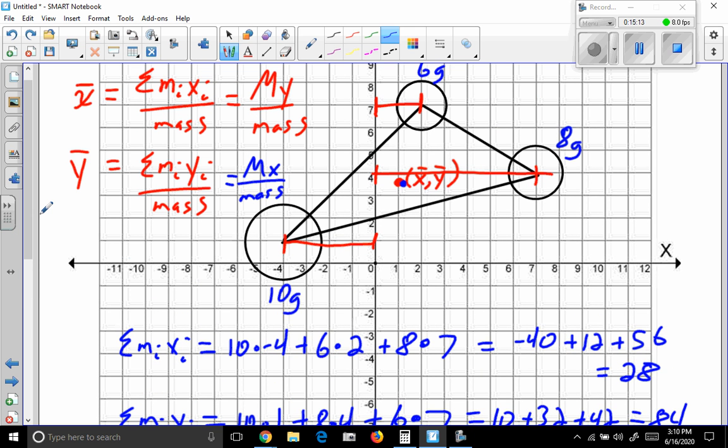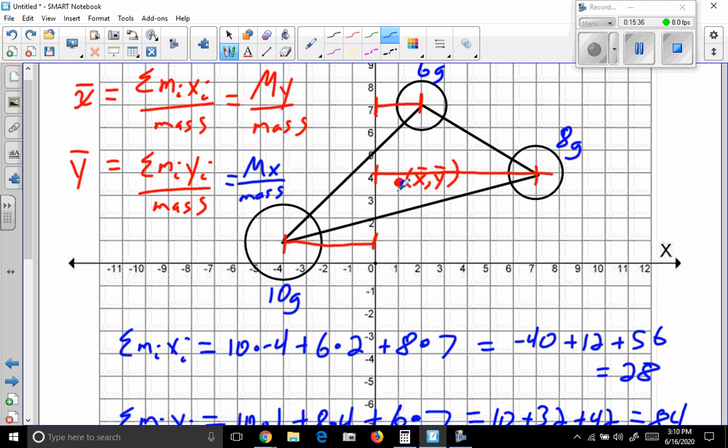So if you imagine we had a weightless piece of cardboard and we had these masses at each of the vertices, then our balance point, where we could put our finger and it would not rotate, would be here. So that's just extending what we did on the first problem to 2 dimensions.